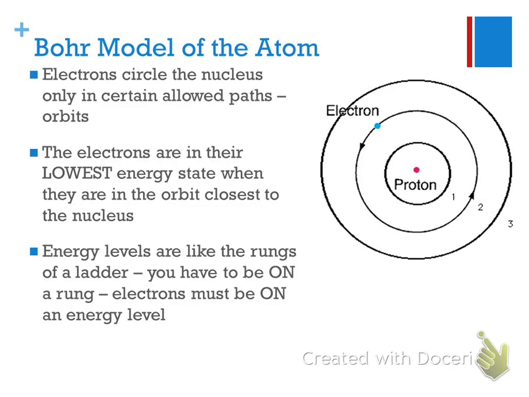So his model really only worked for hydrogen, because we know hydrogen has one electron in a circular orbital called the 1s orbital, and that's what we're going to get into today. But his model basically only worked for hydrogen atoms. So he did a lot of work, but no go.